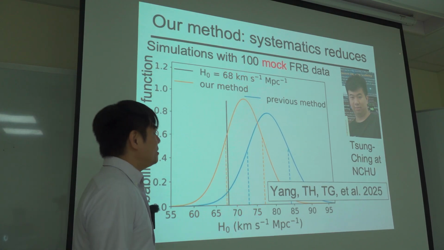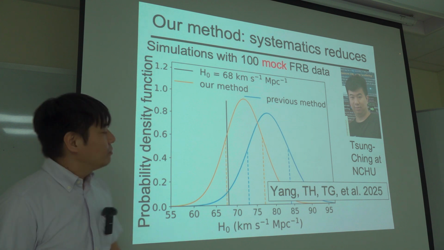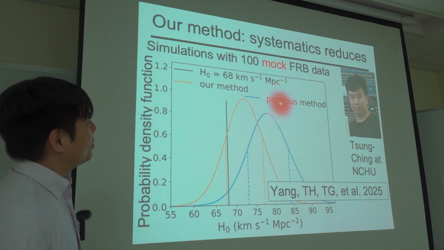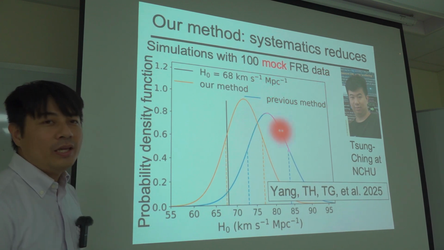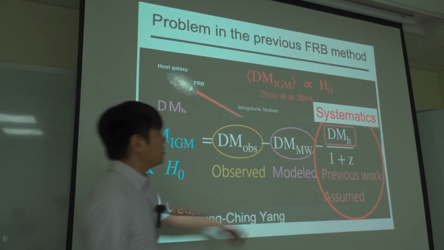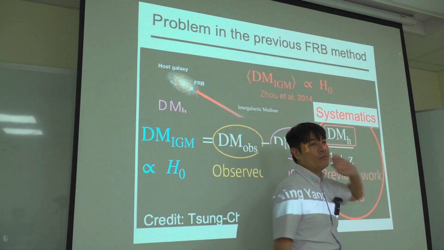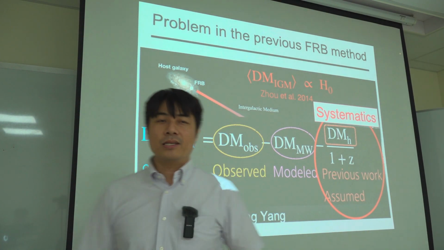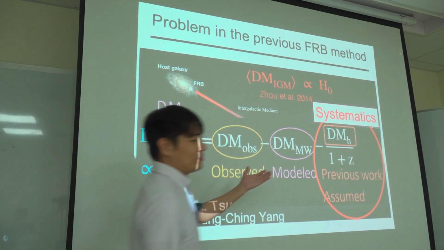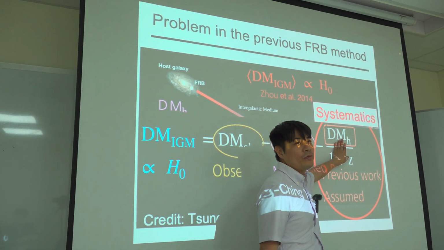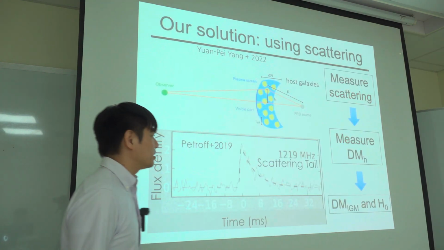Let's look at the blue first. Blue is what we call the previous method, meaning that they assume some reasonable value here. Okay, just assume. But what I'm saying is this can be a significant source of systematics. Then you get the wrong answer.